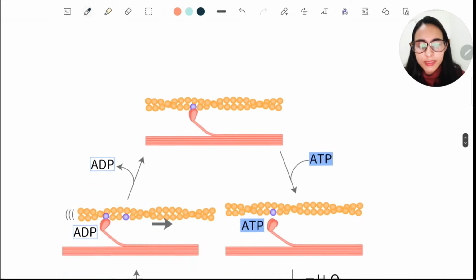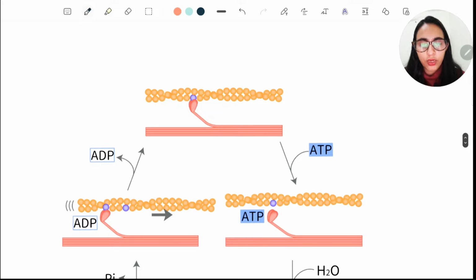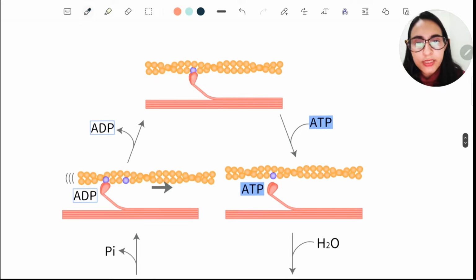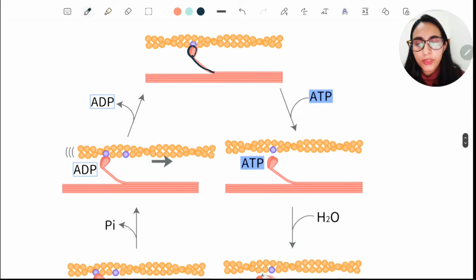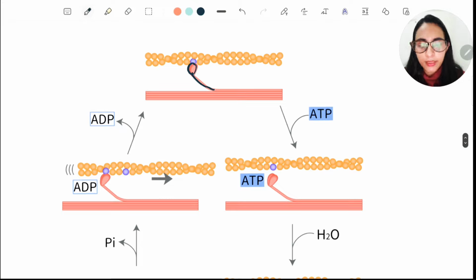So the skeletal muscle contraction, this is the walk along theory. This is the myosin head. Now you can see it is reverted to 45 degrees during the muscle contraction or muscle shortening. Because of the release of the ADP, the myosin head detaches. You can see it is detached.